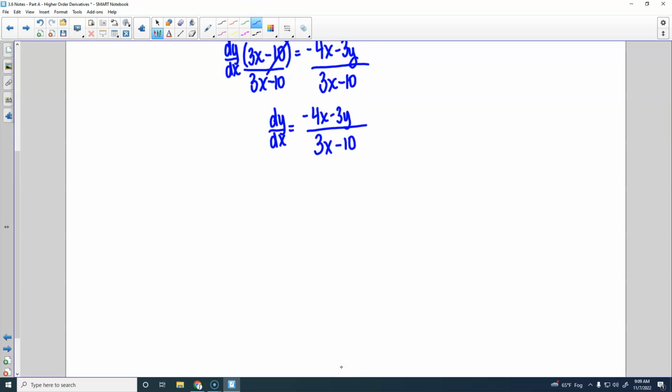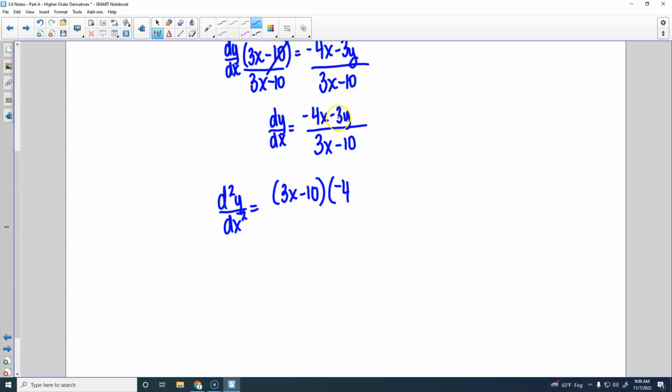Okay, so second derivative, we'll have d squared y over dx squared. We're going to take the derivative using the quotient rule here. So we'll have 3x minus 10 times the derivative of the numerator. Derivative of negative 4x is negative 4.